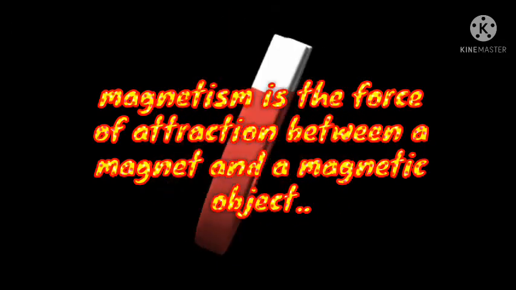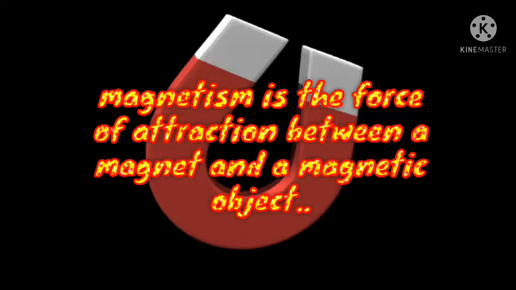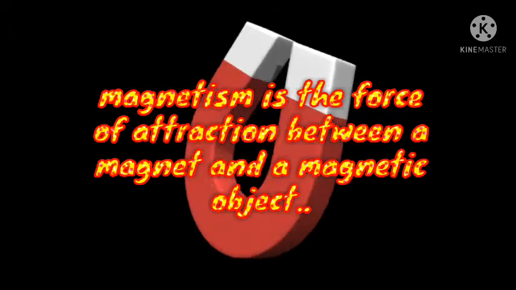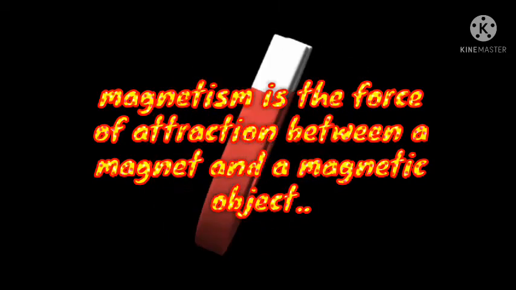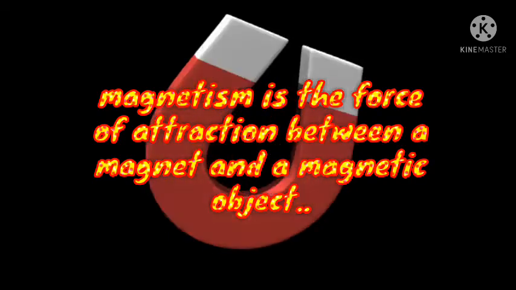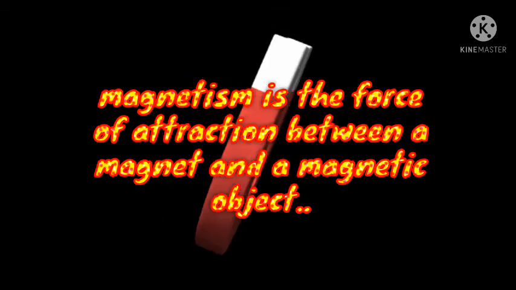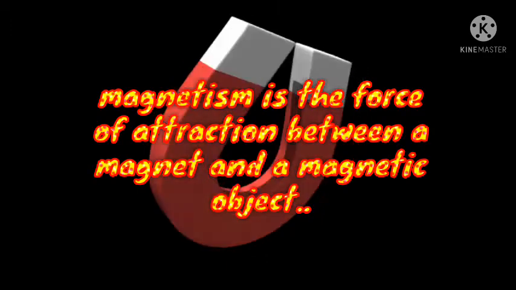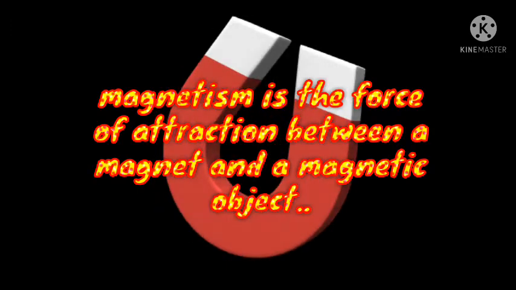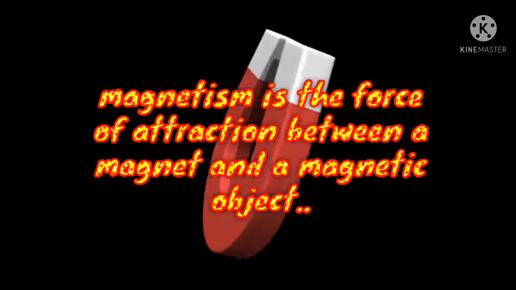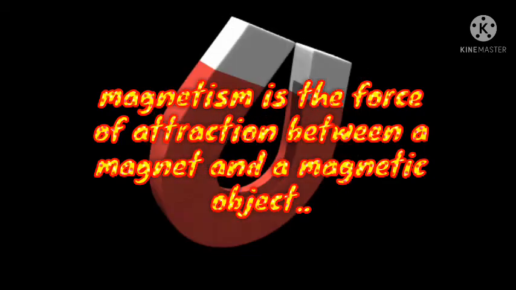Next, all magnets are surrounded by a magnetic field, which is an invisible force that can push or pull on magnetic objects from a distance. The magnetic field cannot be seen. That's the meaning of invisible.